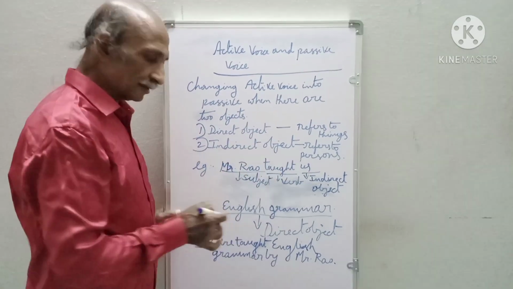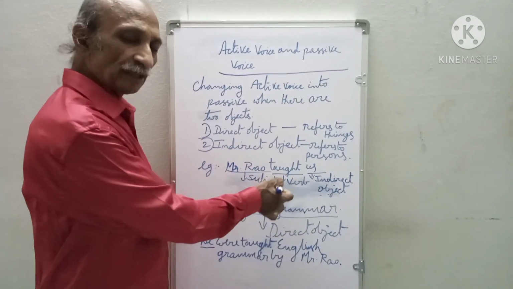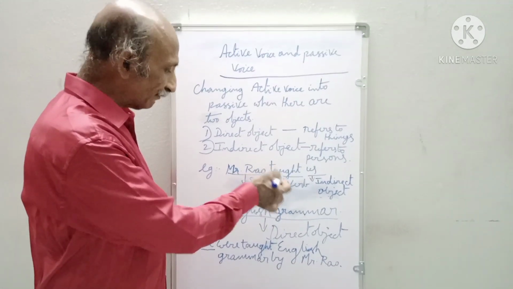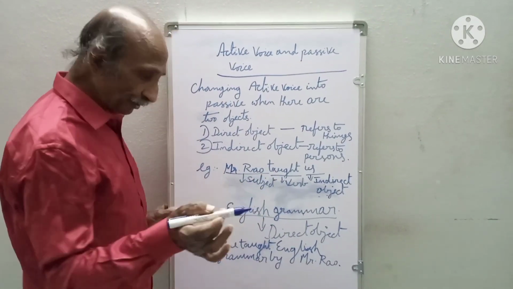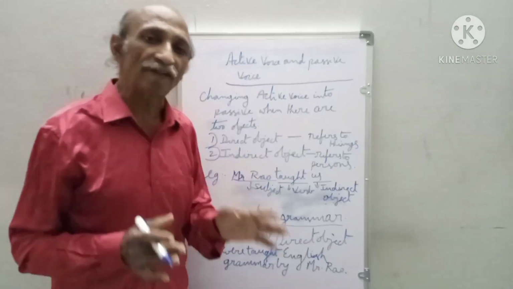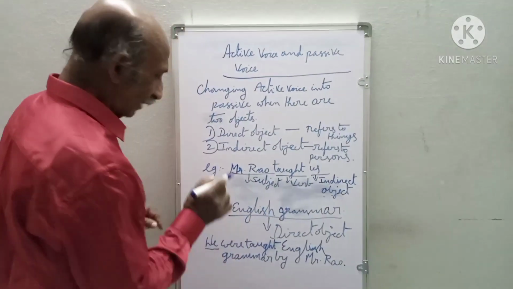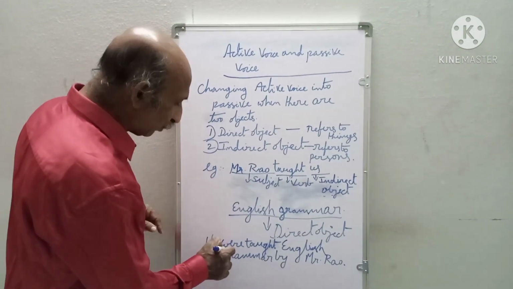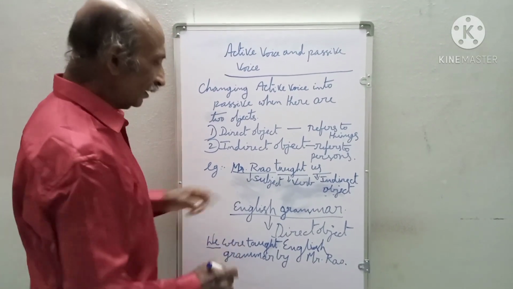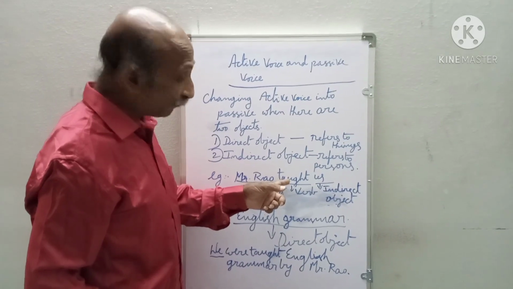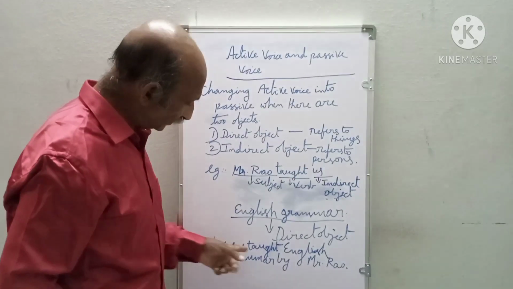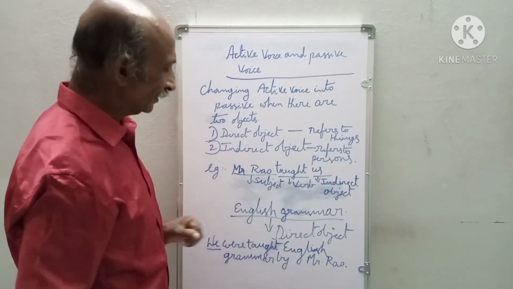It is in past tense. So, the forms of being past tense are was or were. As I told you, the subject must agree with the verb in person, number and tense. For this reason, we should use were. We were. And then, what is the past participle form of taught? That is also taught. We were taught.